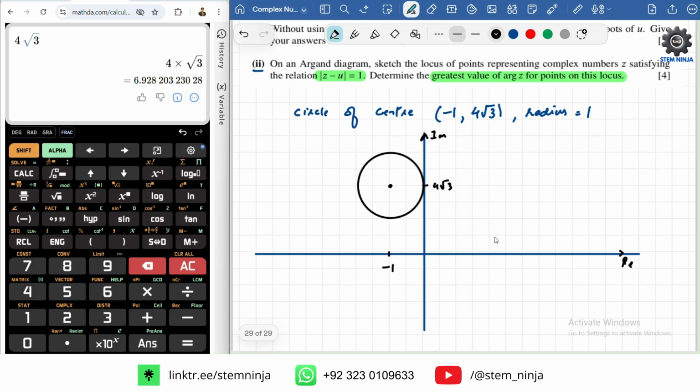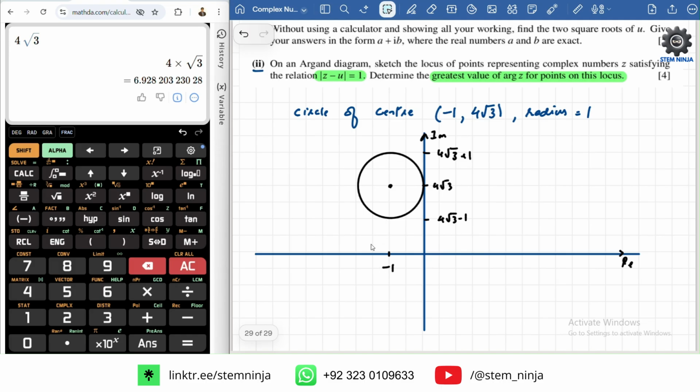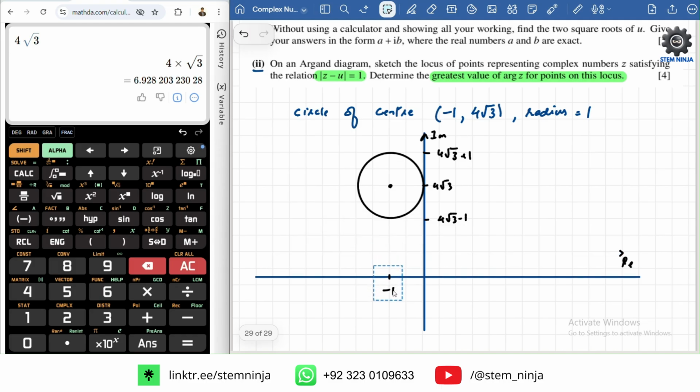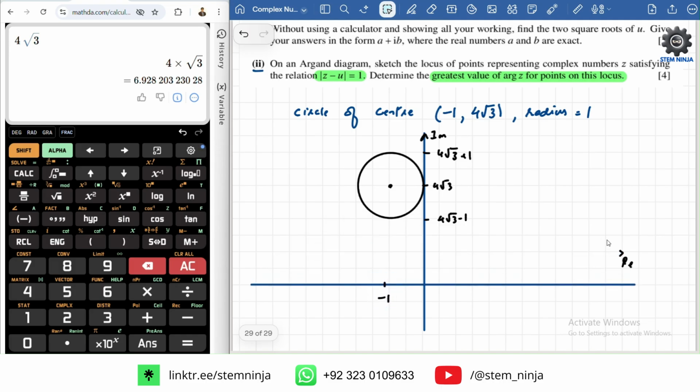I'm not using the correct scaling in the same way as I was doing over here. And so this one would be 4 root 3 plus 1, and this one would be 4 root 3 minus 1, and there's a whole scaling that we did not bother to do. So for example, this could be over here. Alright, so not drawn to scale basically.